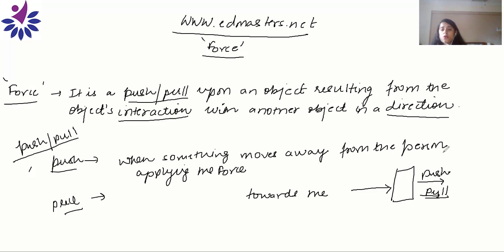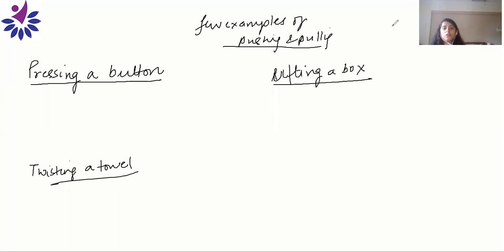Okay, so now we know what a push is and what a pull is. Any other example that you can think of where pushing or pulling is there? Here you can see that I have written a few examples where you can tell whether pushing is happening or pulling is happening.